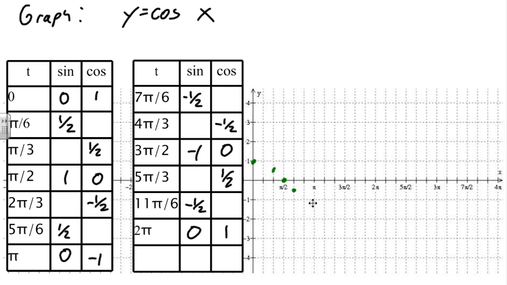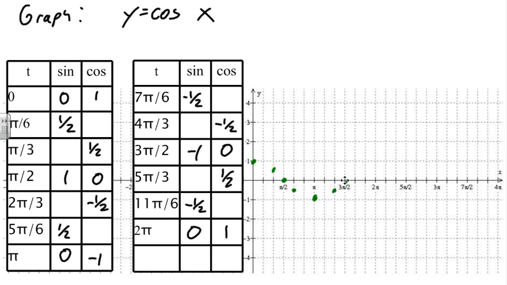Now at -1 at pi. Then -1/2. Drew that in the wrong spot. Skip. Then -1/2.